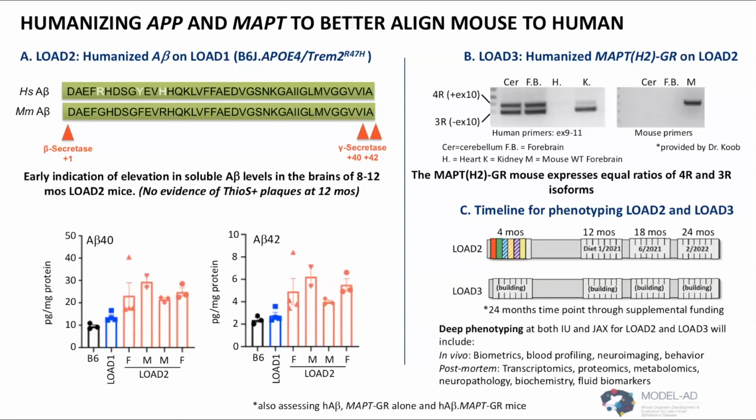Now, in mice, you generally only get one set of isoforms, the 4R, and this is thought to lead to the mouse being less likely to develop tau pathology.